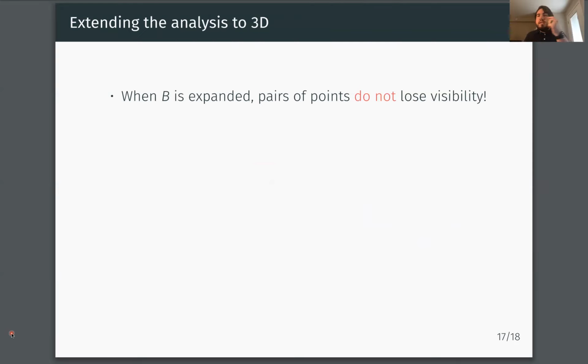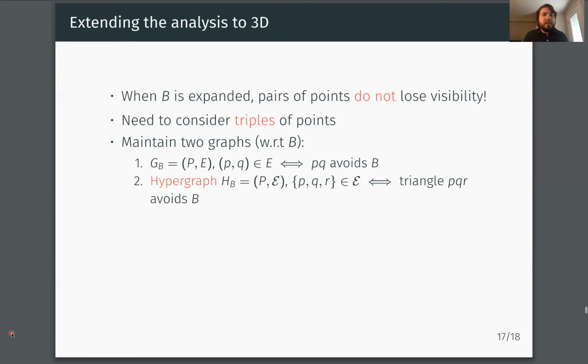You can think of 3 points forming a triangle in 3D, and the inner approximation can expand through this triangle, but each pair of points in the triangle has not lost visibility from one another. This gives us a hint that we should look at triples of points. So we need a potential function which analyzes the number of triples of points that are mutually visible from one another in each iteration of the algorithm.